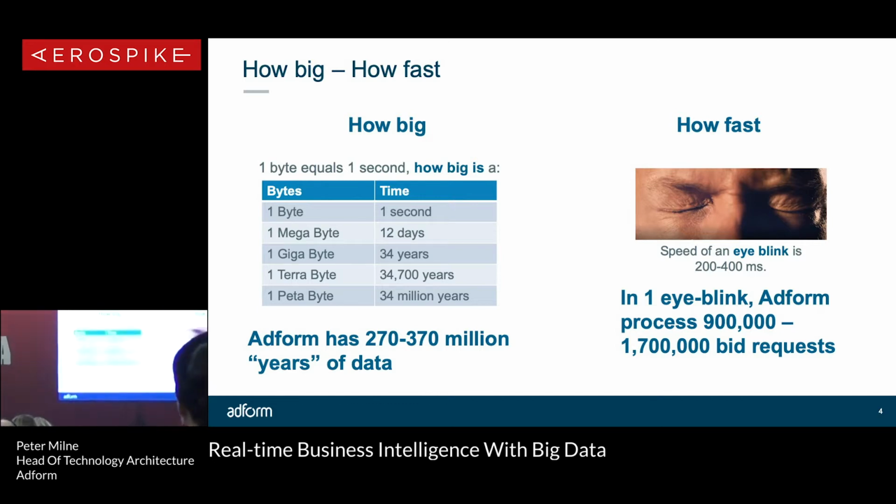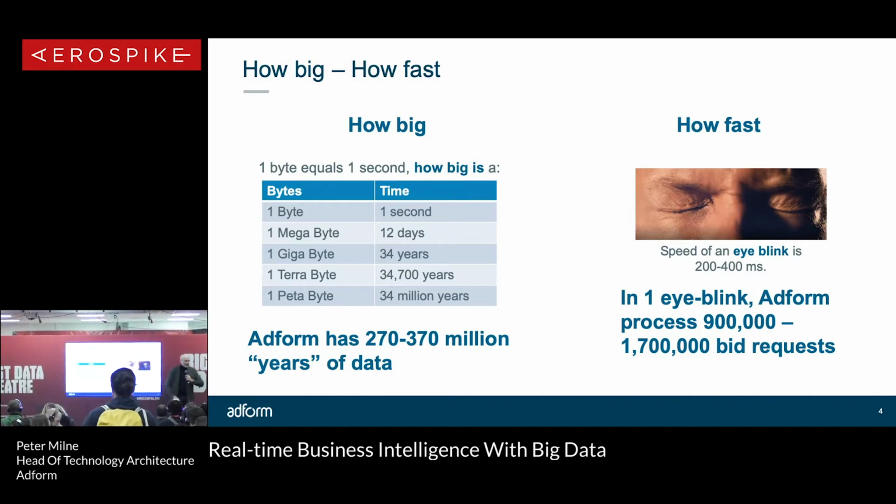And let's talk about latency. For human beings, a blink of an eye is about 200 to 400 milliseconds. So in my company, Adform, we have between 270 to 370 million years of data, depending upon the time of the year and the time of the day.